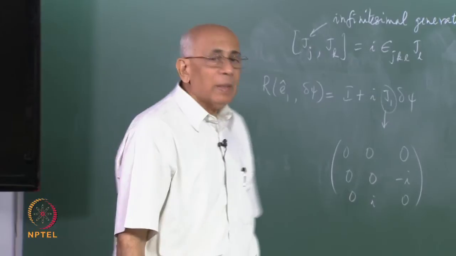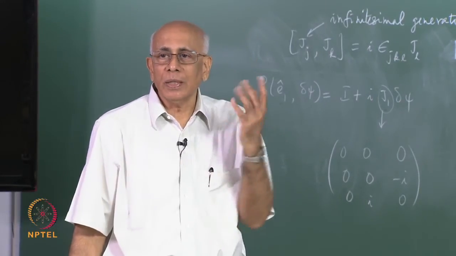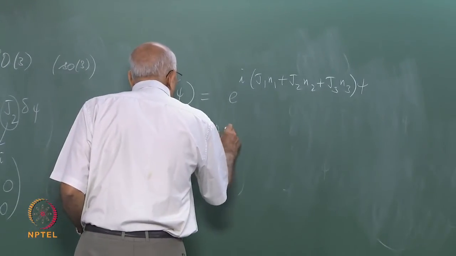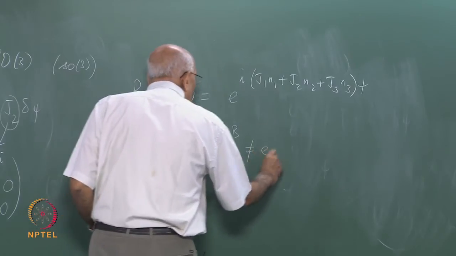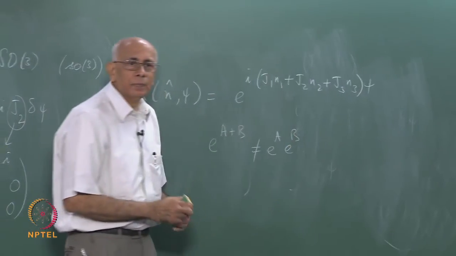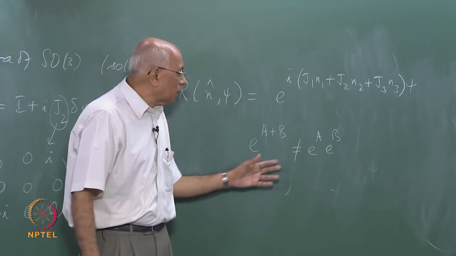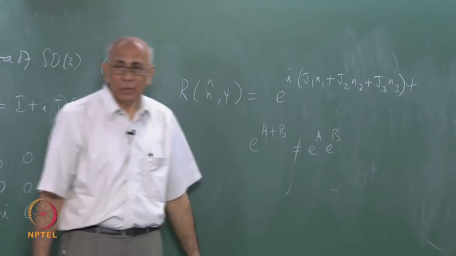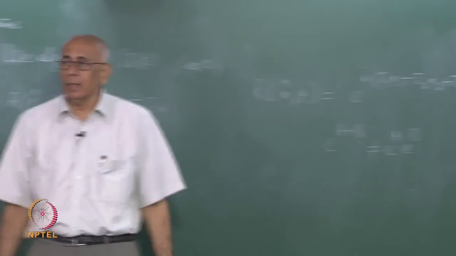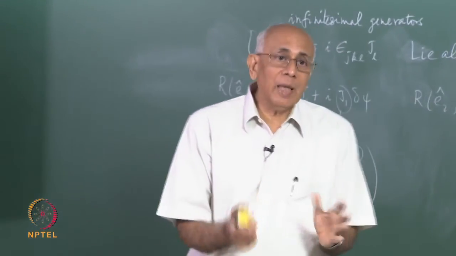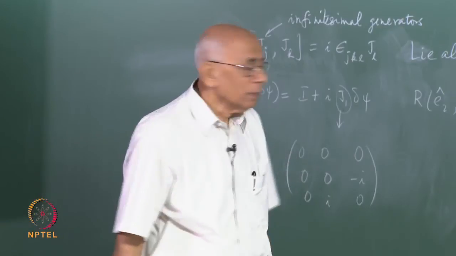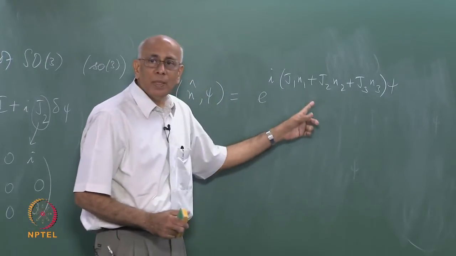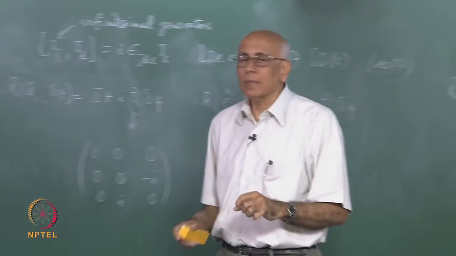But the difficulty is that the J's do not commute with each other, and when two operators A and B do not commute with each other, e to the A plus B is not equal to e to the A times e to the B. It is immediately clear, because e to the A and e to the B on this side would have all powers of A on the left and powers of B on the right, but of course if you square A plus B, it is A squared plus B squared plus AB plus BA, since they do not commute.